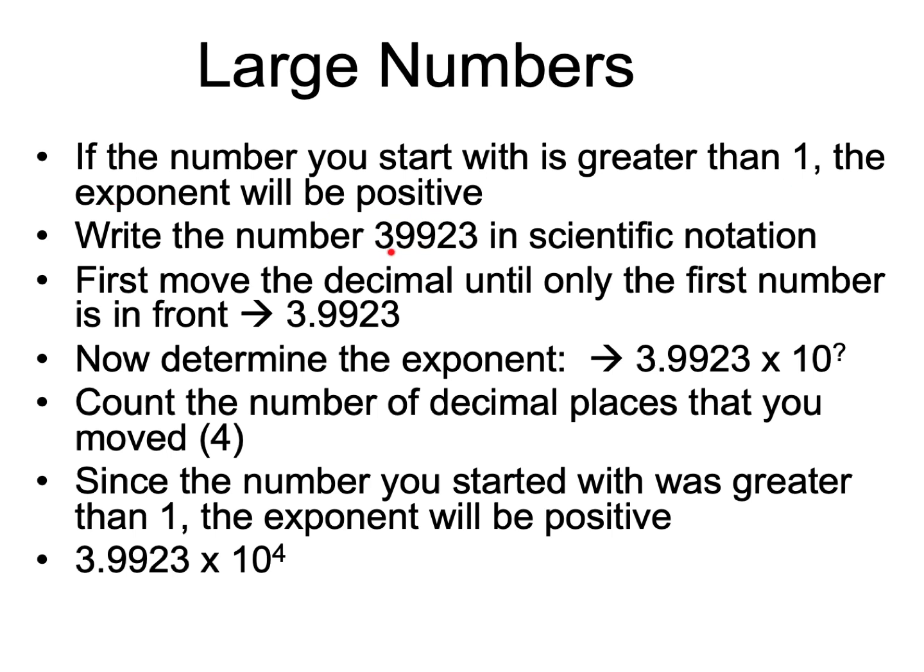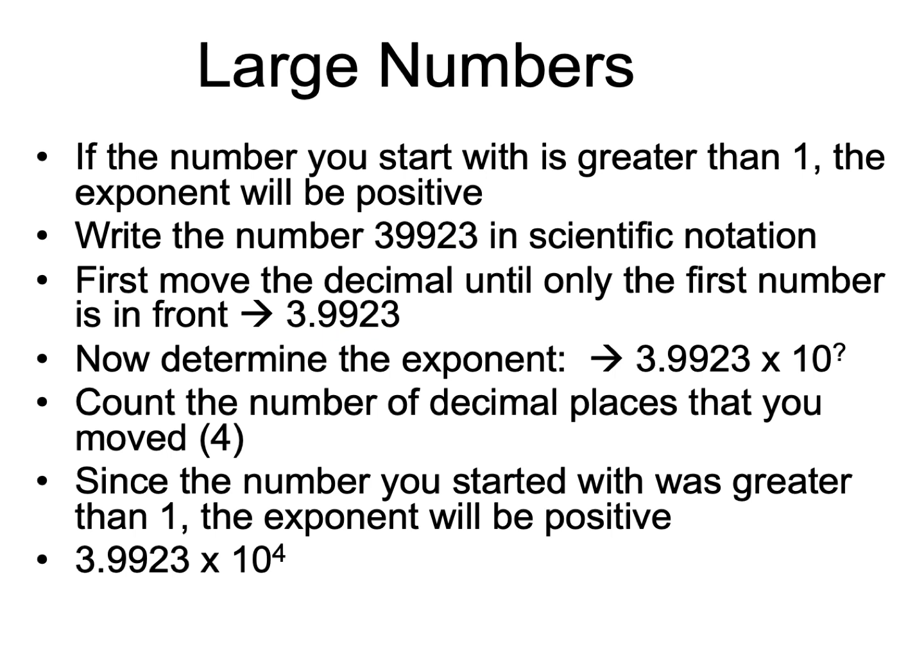So let's look at the number 39,923. How would we write that in scientific notation? Well, the first thing we want to do is move the decimal until only the first number is in front. The decimal place would be right here. I'm going to move it 1 time, 2 times, 3 times, 4 times. And so now I've got it written out as 3.9923.